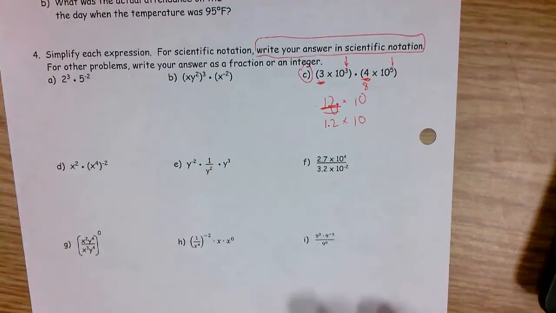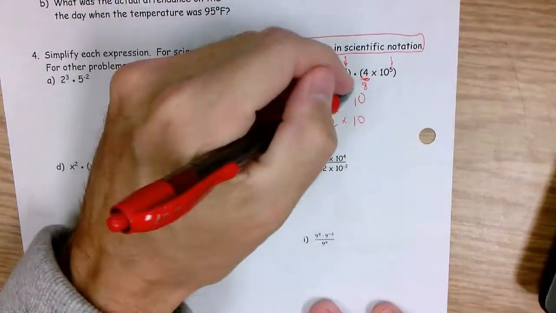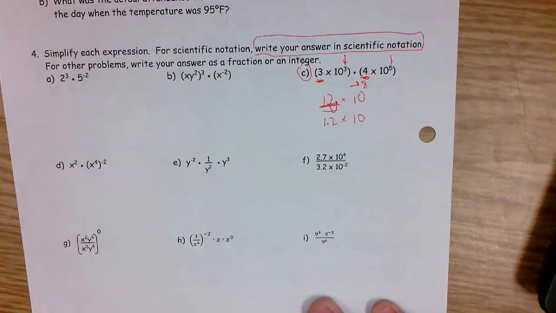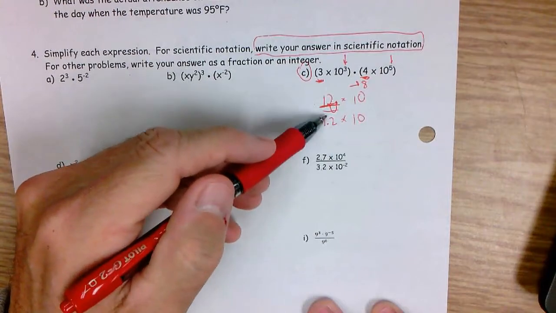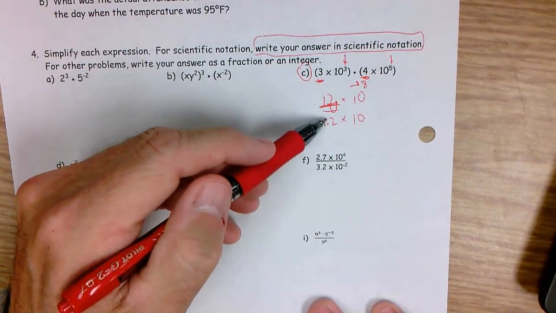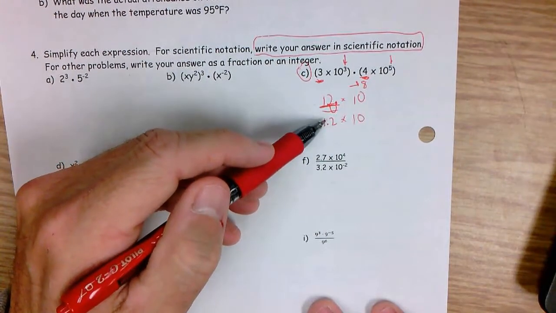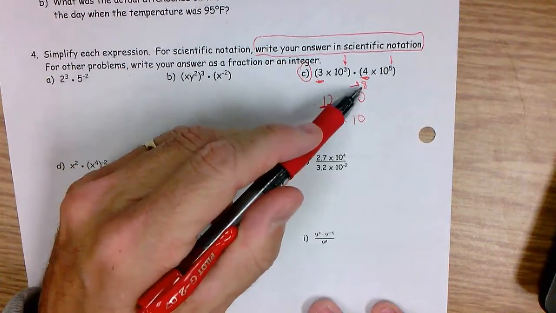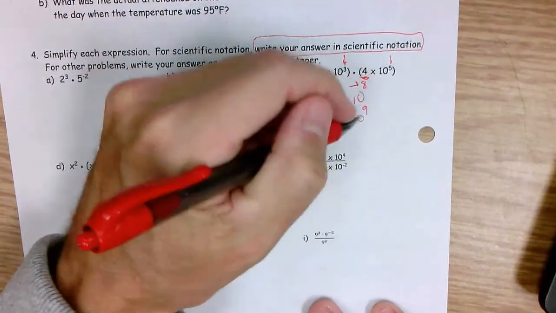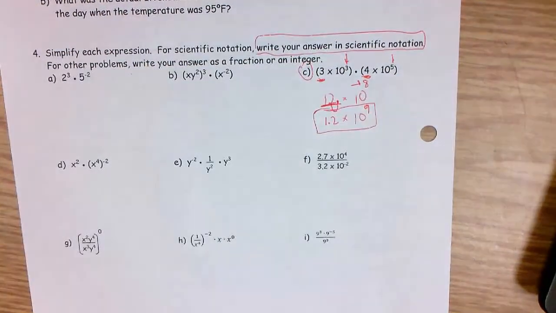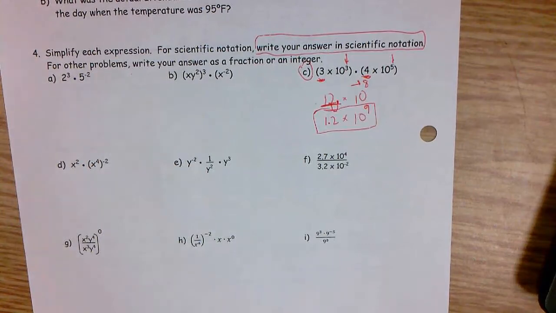But when you move the decimal one spot, that affects the exponent. And as this number gets smaller, it goes from being the number 12 to the number 1.2. To make up for that, the exponent needs to get bigger by one spot. And your answer would be 1.2 times 10 to the 9th. Again, I'll talk about that in class tomorrow again.